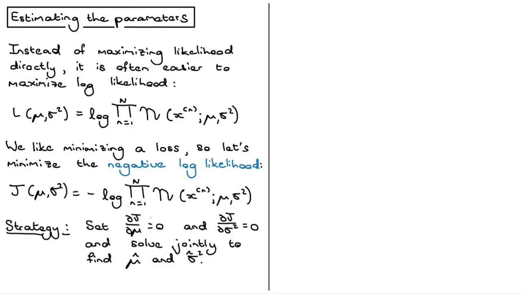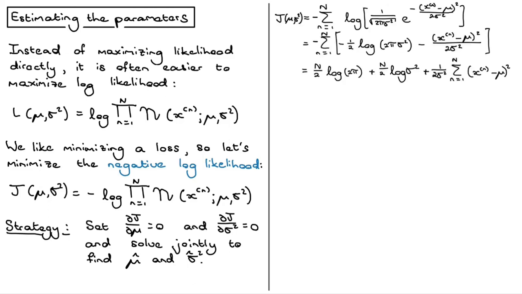To find the estimates of mu and sigma squared, we will set the partial derivatives of the loss with respect to these parameters equal to 0, and then we will solve them at the same time, and in that way find the minimum of this loss function with respect to the two parameters. By now, you should be quite familiar with this idea of defining a loss function and then taking the partial derivative, setting that to 0, and using that to find the minimum of the loss, and using that to set the optimal values of the unknown parameters.